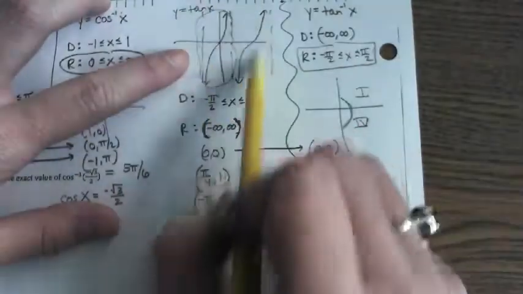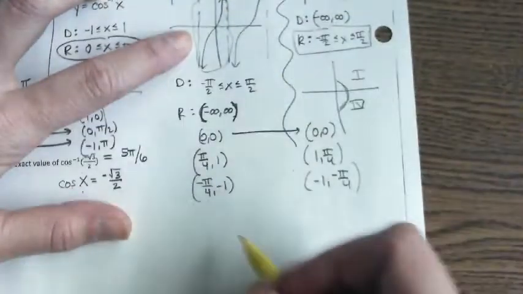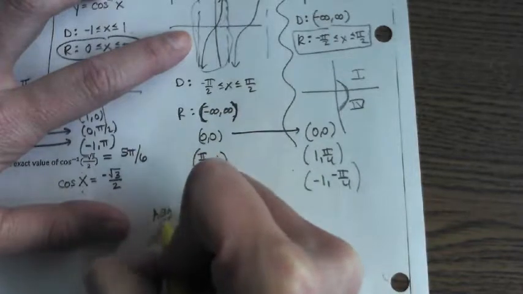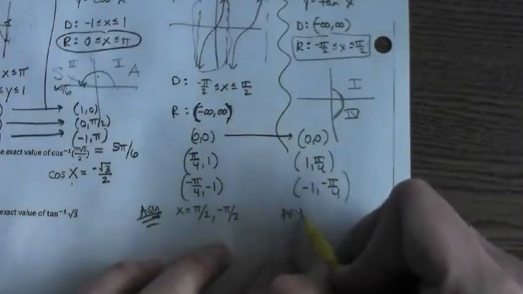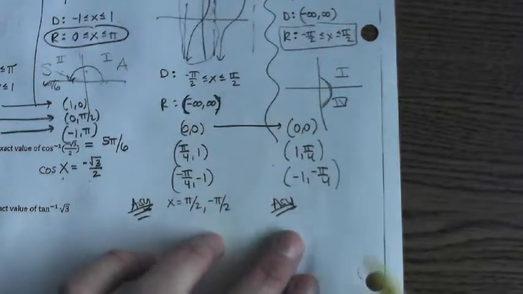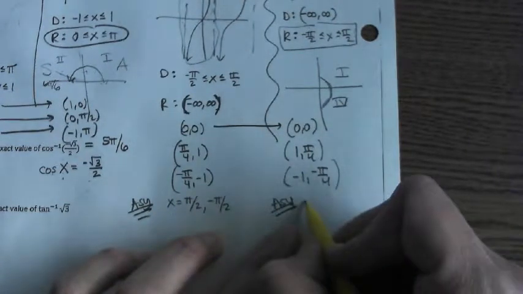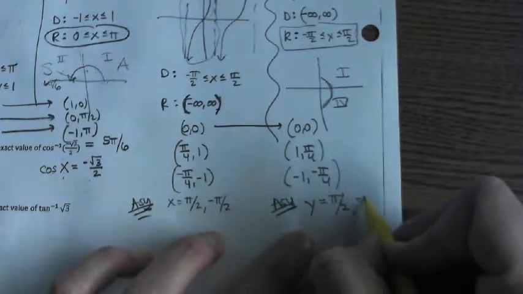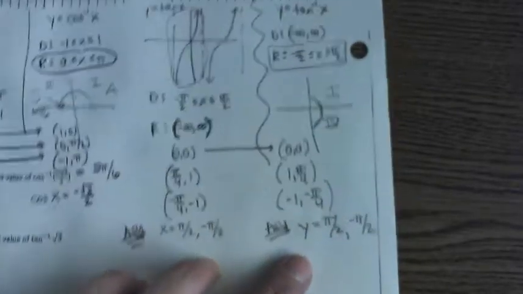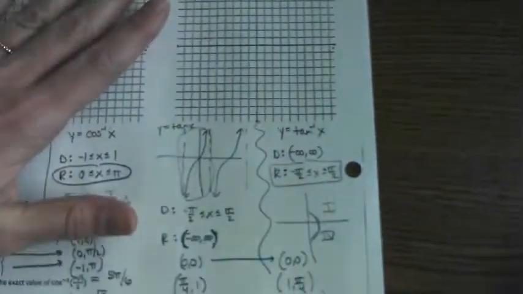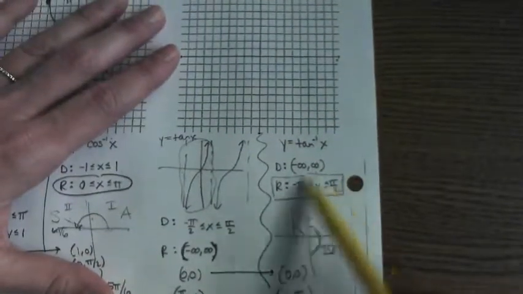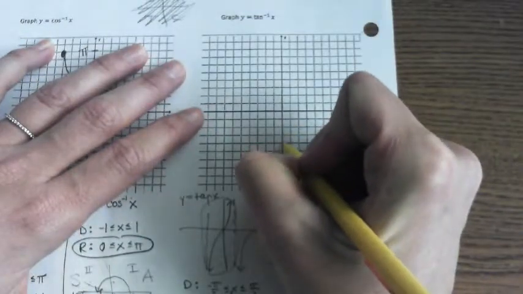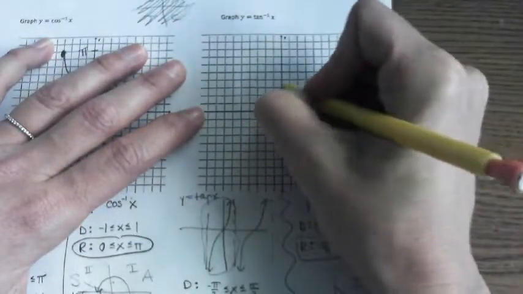What's also important to talk about with tangents is your asymptotes were at x equals pi over 2 and at negative pi over 2 as well. What is that going to say for asymptotes on our inverse graph? Right, they're going to be horizontal at y equals pi over 2 and y equals negative pi over 2. So when it comes to scaling my y-axis in terms of pi's, I'll do negative pi over 2 to pi over 2.